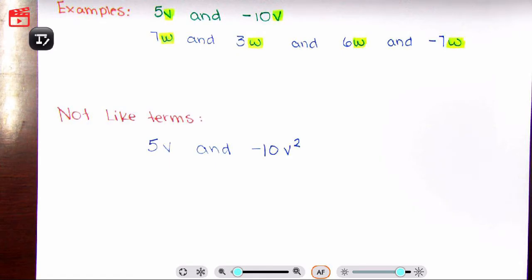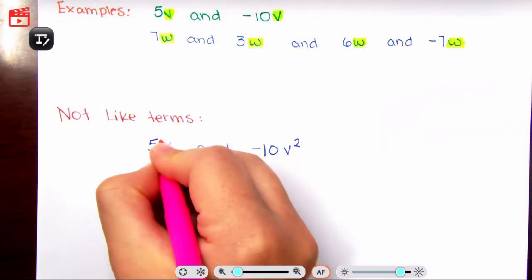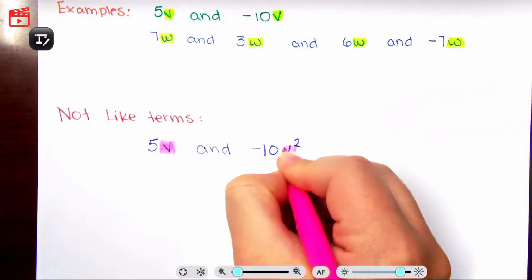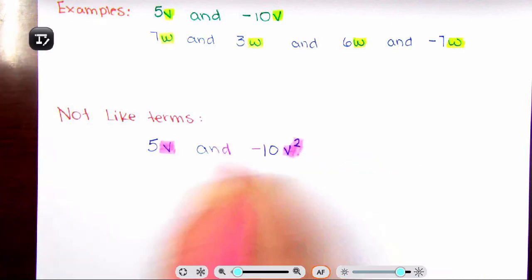It's in the name, like. We want them alike. If they are not the same, then they are no longer like terms, and we have to treat them as if they are completely different, which they are. For example, we have v and v squared.